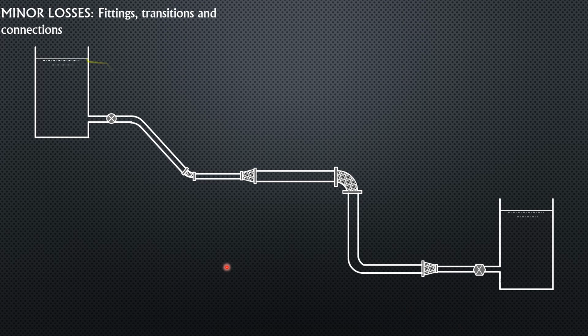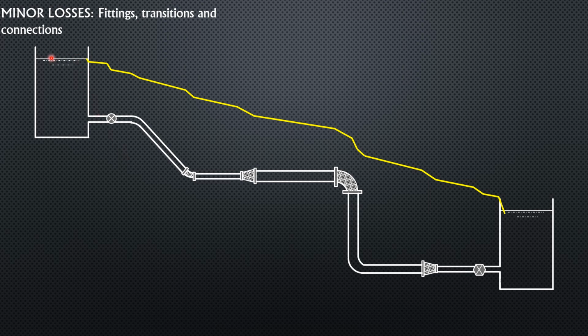So if you draw the energy grade line, this will be the resulting energy grade line. And I explain why it slopes downward in the direction of flow. Remember the principle that the energy grade line always slopes downward in the direction of flow unless there is a machine, a pump, for example.